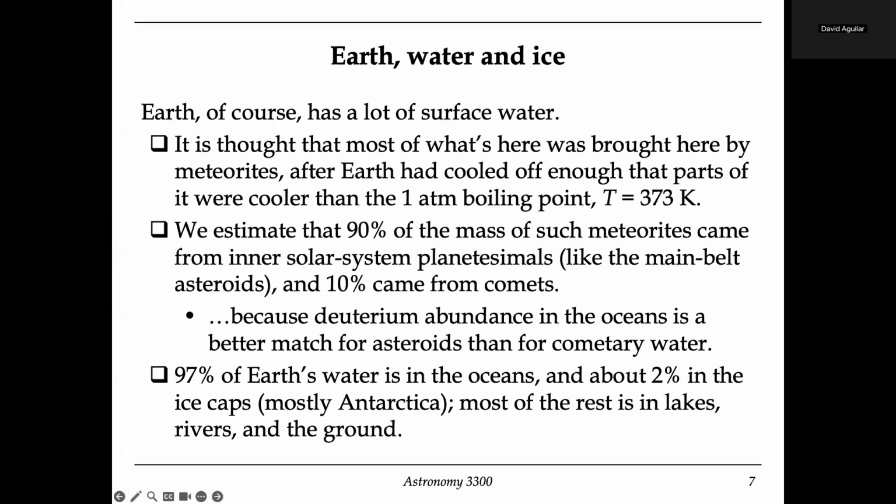So we think that most of what was brought here by meteorites, either in the context of the far asteroid belts, probably some comets, but it had to cool off enough that the atmosphere was lower than the boiling point at 1 atmosphere. This has some caveats to it, right?